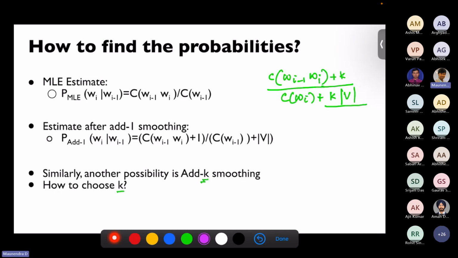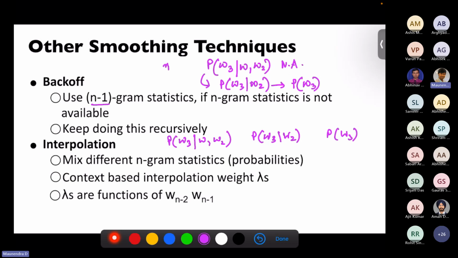Then for this trigram probability, I'll multiply this with some factor alpha 1, this with some factor alpha 2, this one with some factor alpha 3, and this will be my trigram probability. So it is not hard falling back to the previous, but instead a weighted combination of all. And to follow the notation in the slide, these should be lambdas.